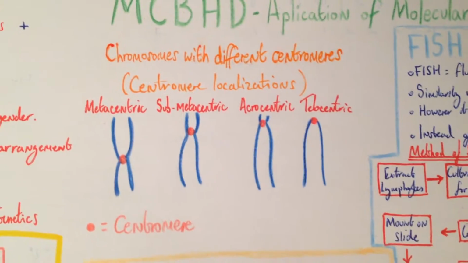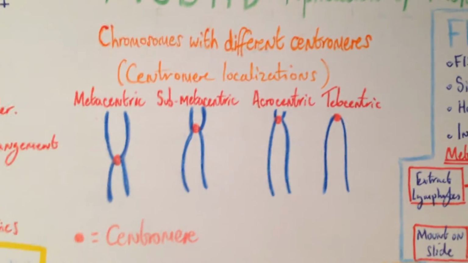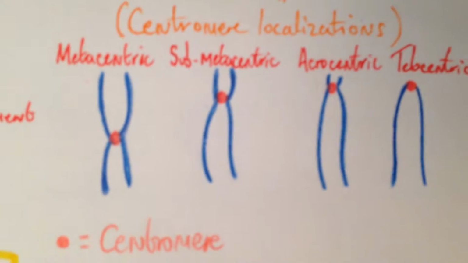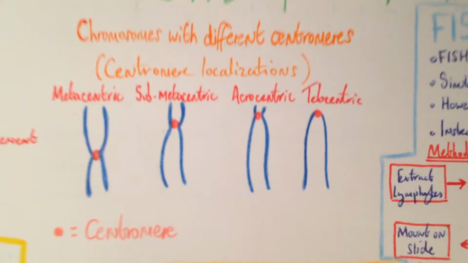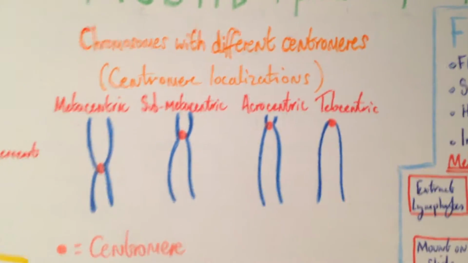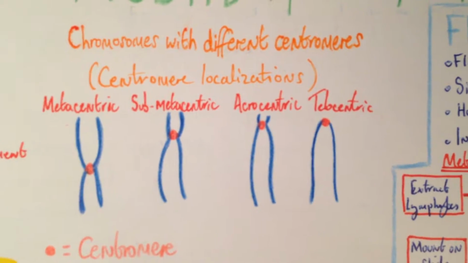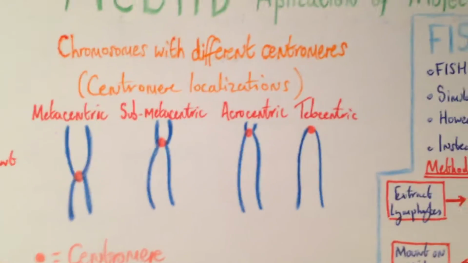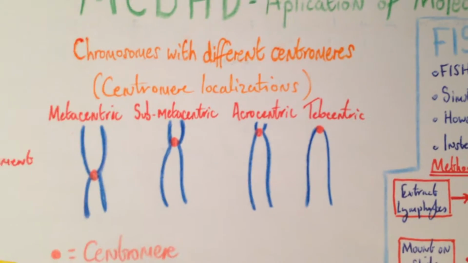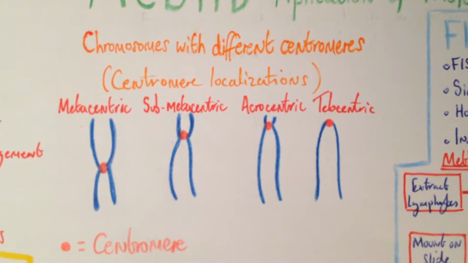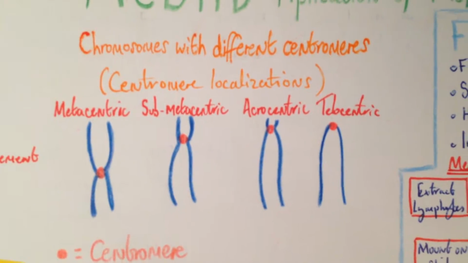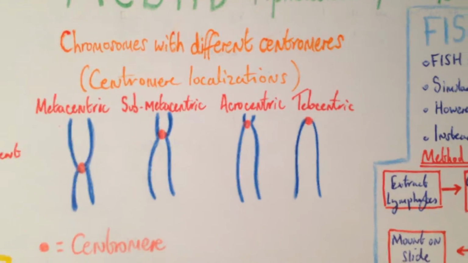It's important to remember that this red dot is a centrosome. There are 4 different types of centrosome localizations: metacentric, submetacentric, acrocentric, and telocentric.